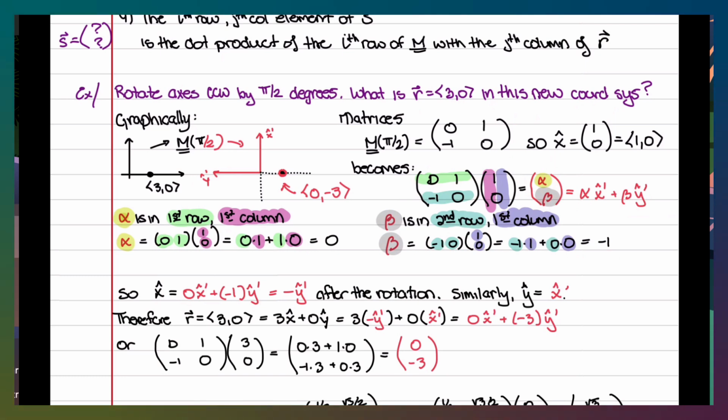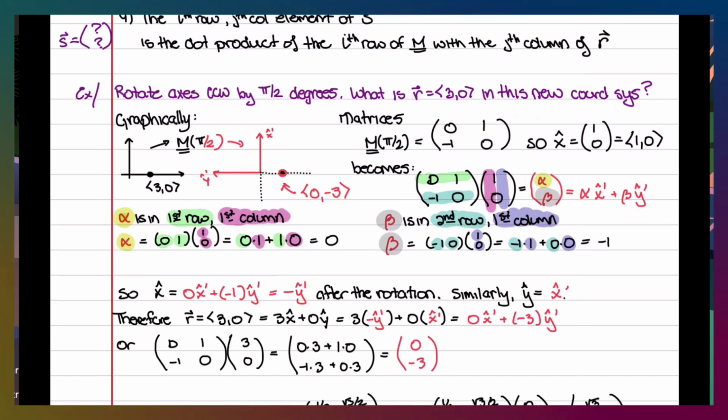Which, if you stare at this for long enough, makes sense. X hat is the original vector, and what does this arrow look like in the new coordinate system? Well, it is just pointing in the negative y hat direction. So this vector just becomes negative y hat after the transformation.